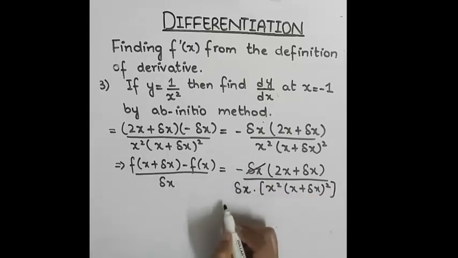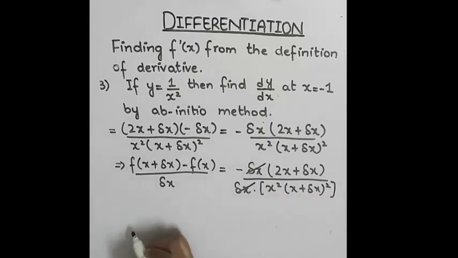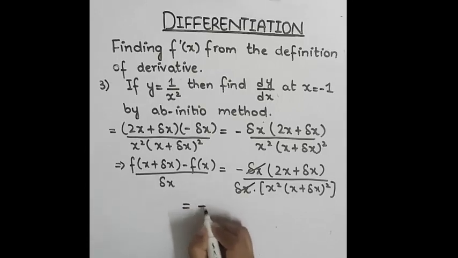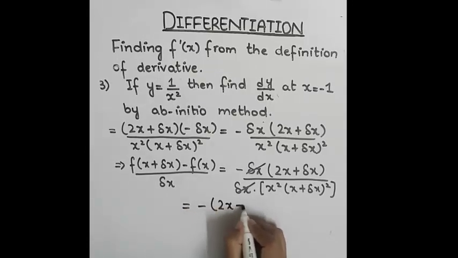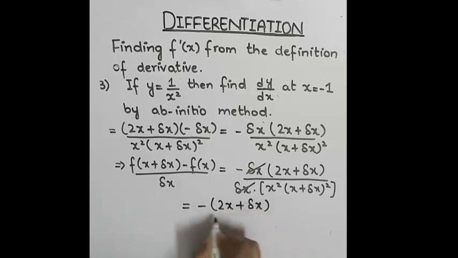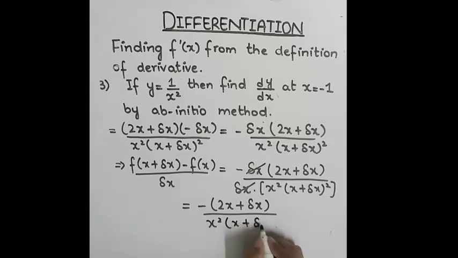So this delta x and this delta x can be cancelled out and we are left with minus (2x plus delta x) divided by x square (x plus delta x) whole square. So third step is simplified.